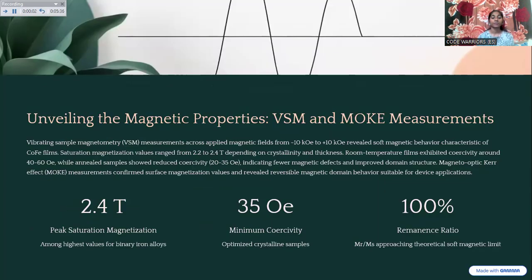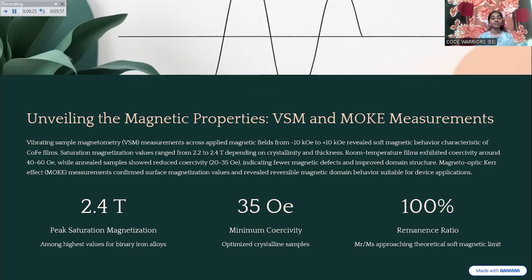Unveiling the magnetic properties, VSM and MOKE measurements. Vibrating sample magnetometry VSM measurements across applied magnetic field from minus 10 kOe to plus 10 kOe revealed soft magnetic behavior characteristic of CoFe films.